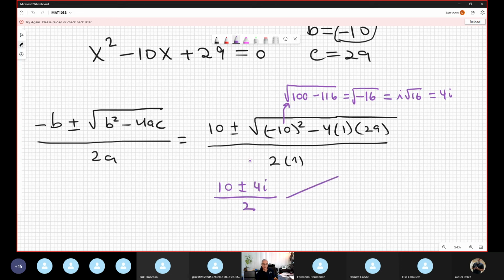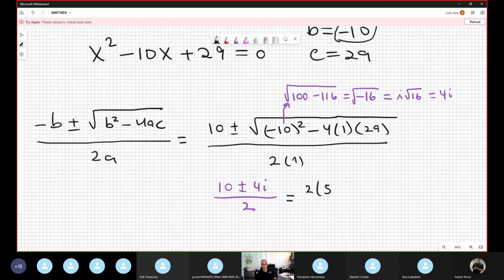Okay, now separate. Well, the best way is factorization, maybe. In the top, the greatest common factor is 2.